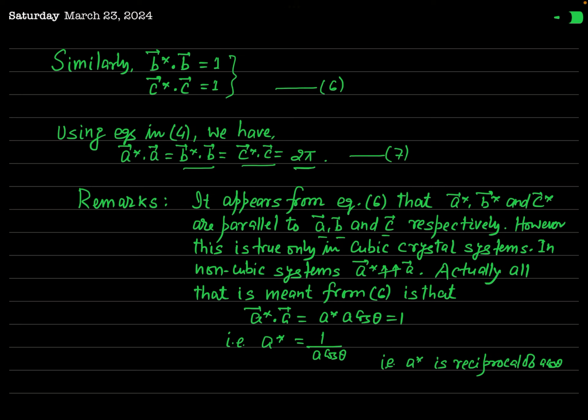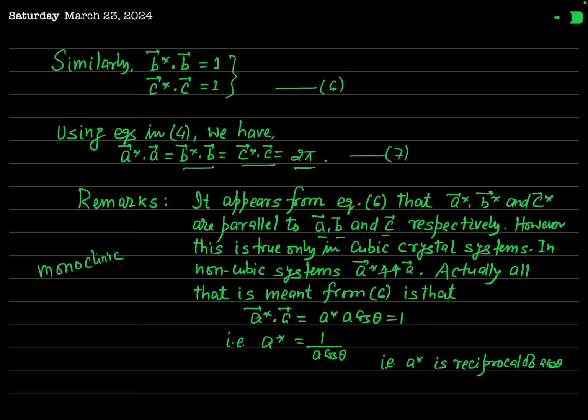In non-cubic crystal systems, such as you can say monoclinic crystal, this is not a cubic crystal. In this case, you will see that A star and A do not point in the same direction, but they are directed in different directions.